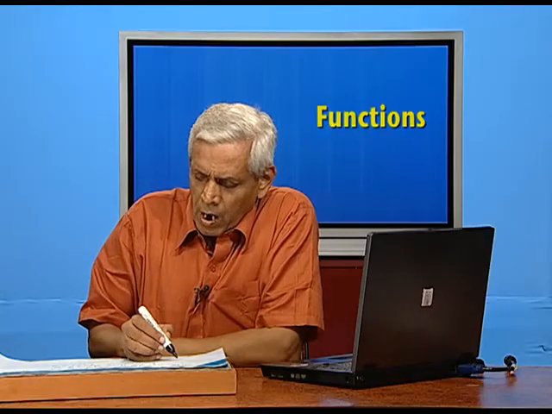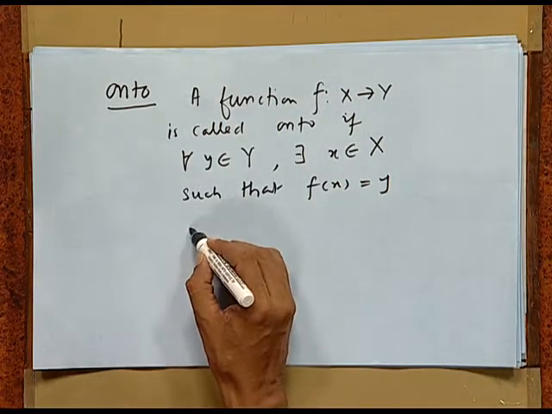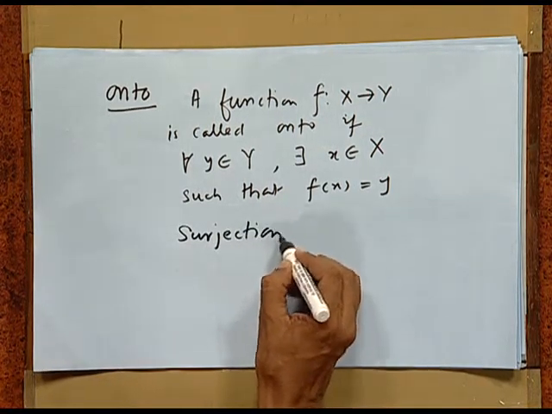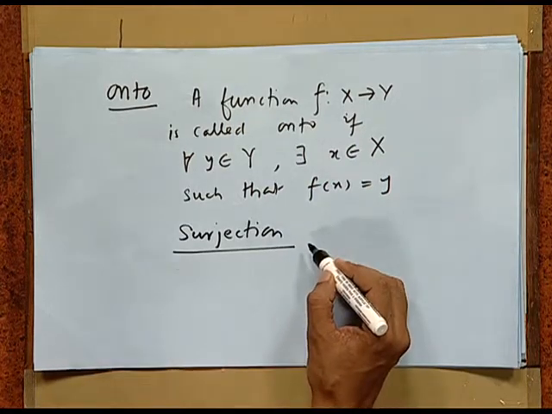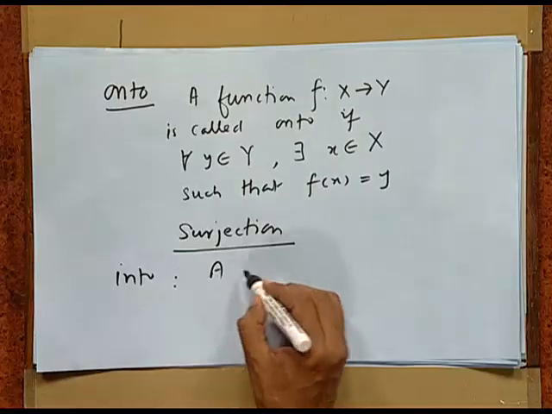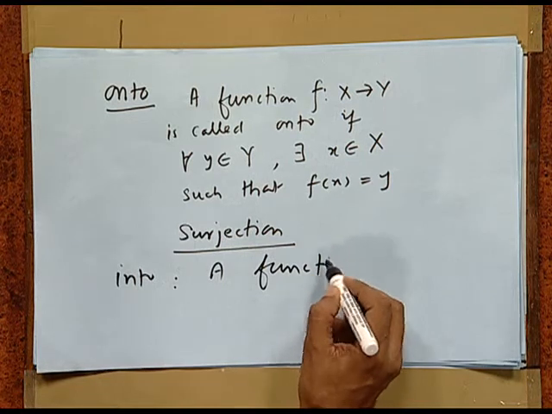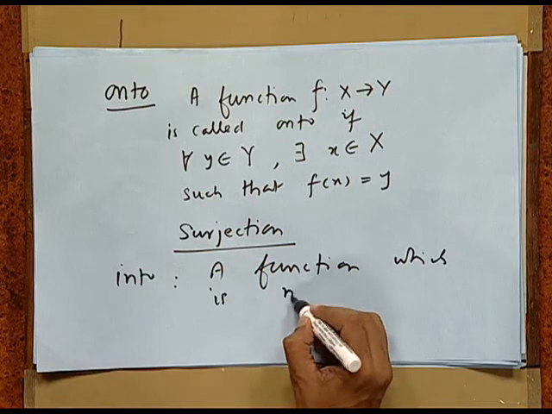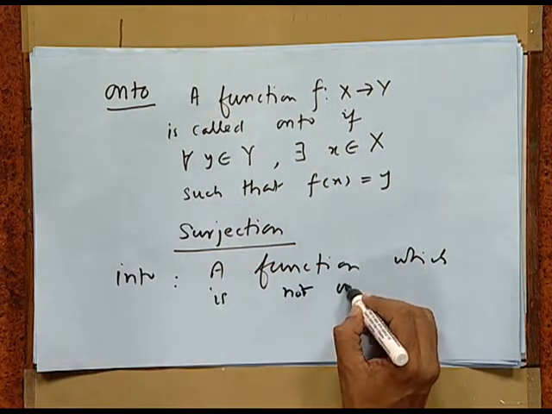Now, onto function is also called surjection. So, surjection is another name for onto function. For into function, we do not give any definition, simply we say any function which is not onto is called into function.